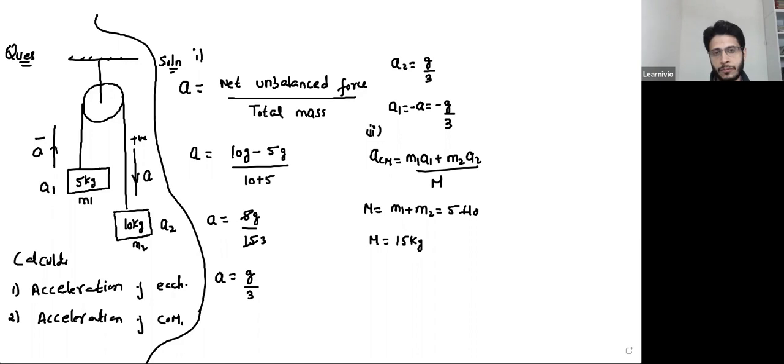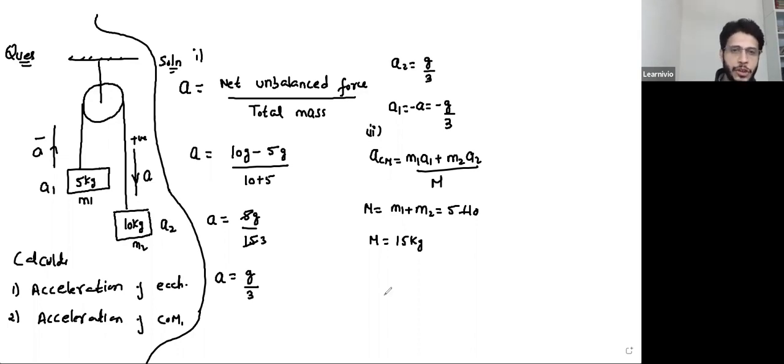Sir, which one? Your answer, it's plus 10 by 3. Yes. So this plus 10 by 3 means, is your center of mass moving upwards or downwards? It's moving downwards, right?